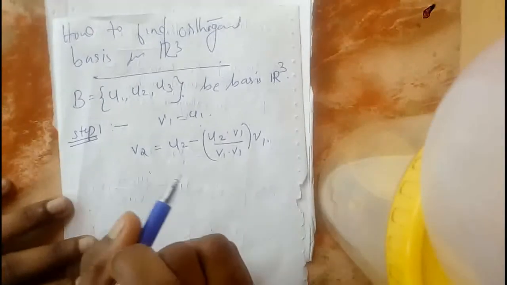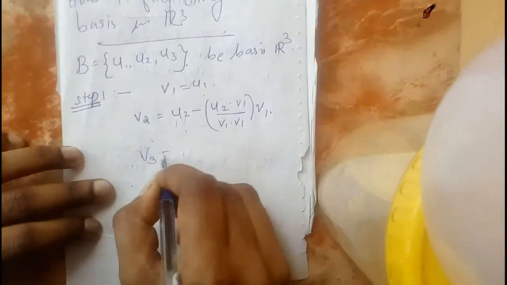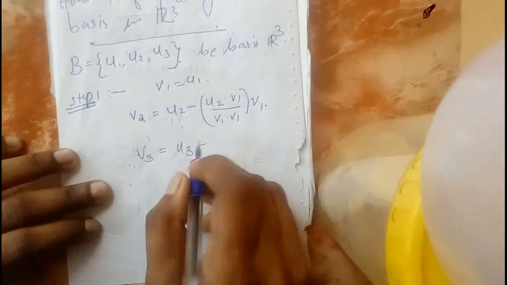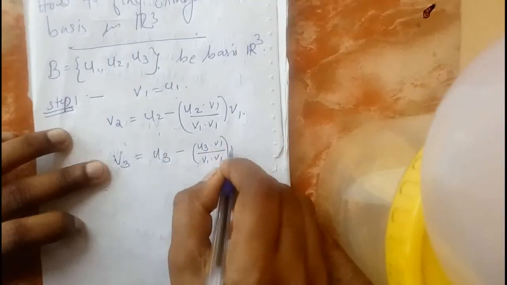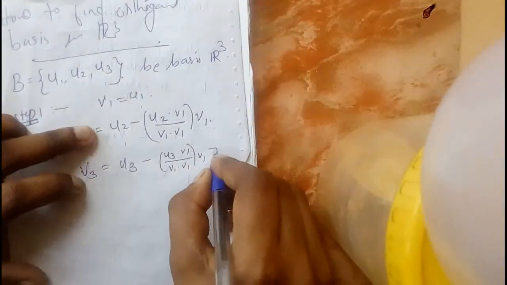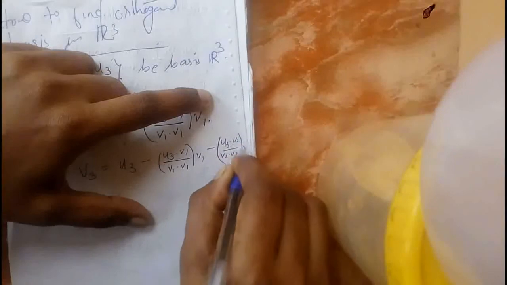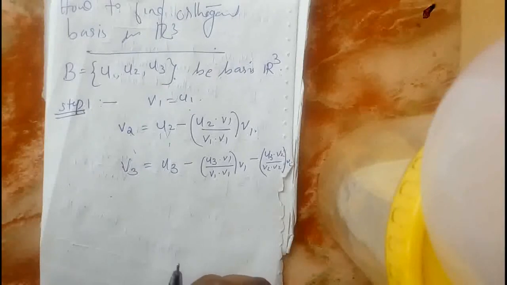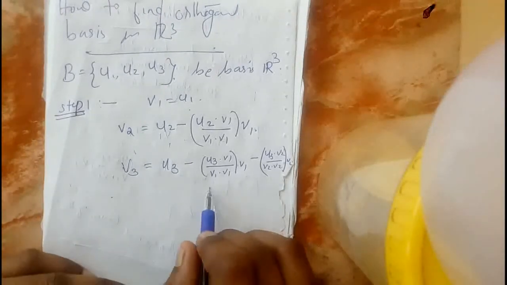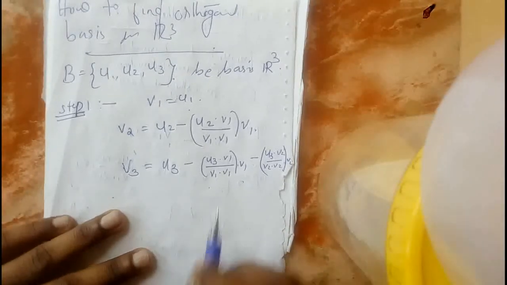Next, here v3, so R3. Here there are 3 elements in the basis set, so we need to construct v3 also. v3 equals u3 minus (u3 dot v1) by (v1 dot v1) minus (u3 dot v2) by (v2 dot v2) into v2.